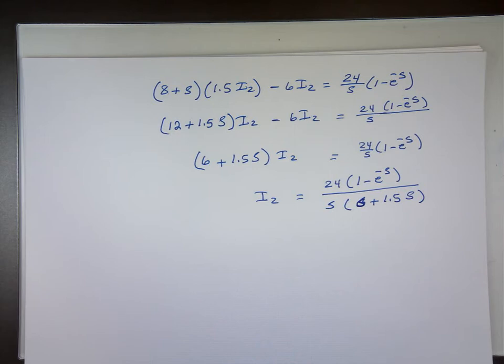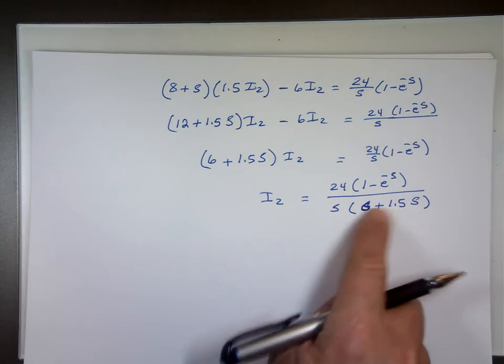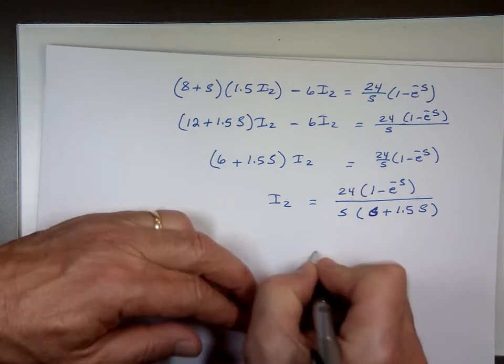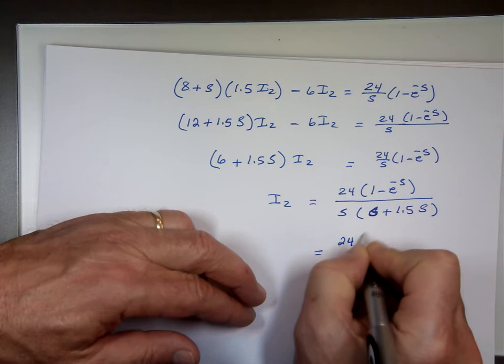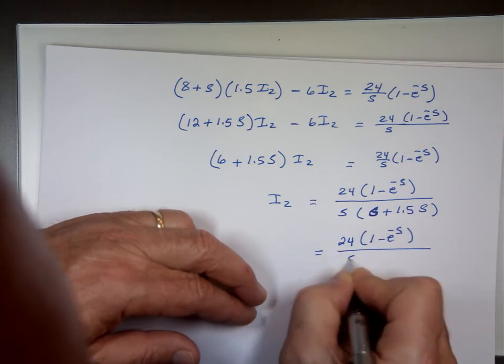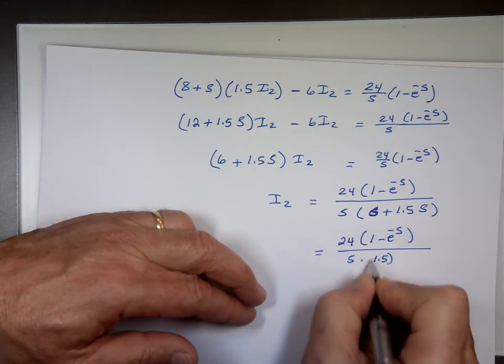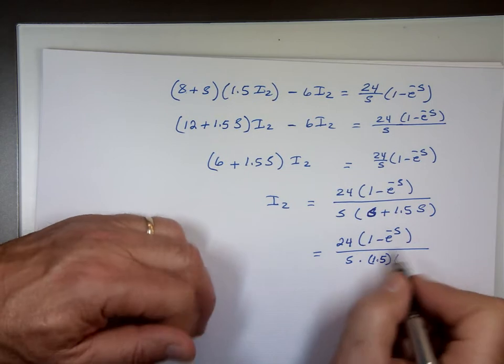I don't like the 1.5 here. So if I factor out 1.5, 1.5 times what is 6?